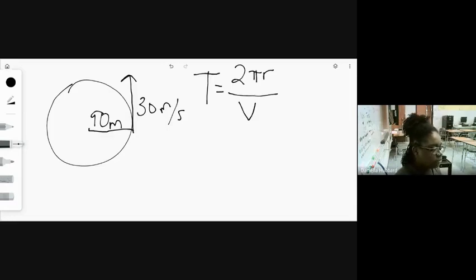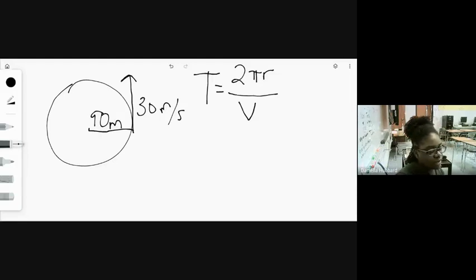Okay. So pretty much this is just a good plug and chug. If you have the pi symbol in your calculator or even with your phone calculator, that will be under the scientific calculator.